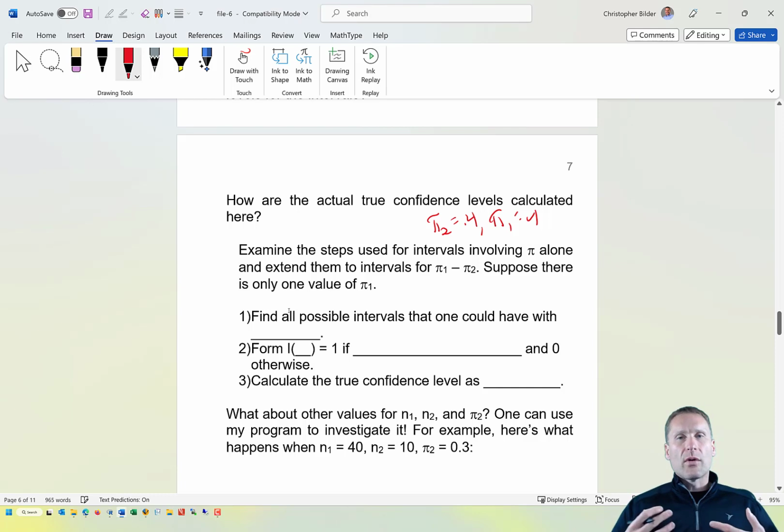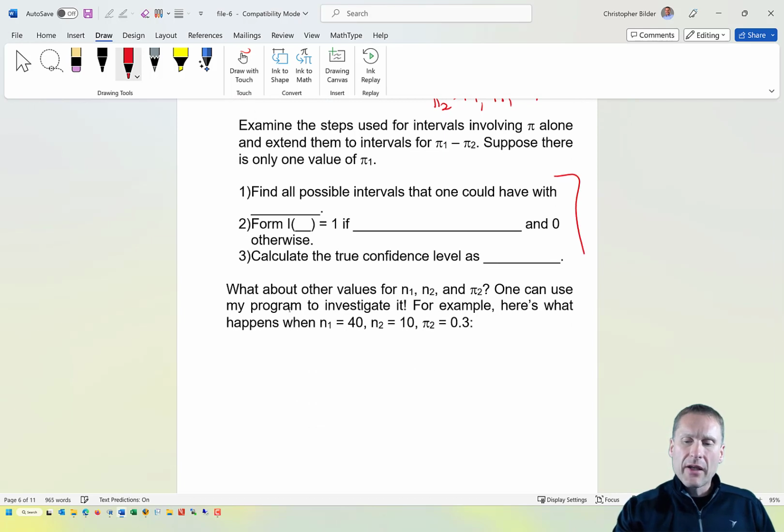And let's now relate what we saw before for a Wald confidence interval for pi alone, how we found the true confidence level, to the Wald interval for pi1 minus pi2. What I did here was copy and paste some descriptions from earlier in my set of notes, and I left some blanks so that we can see how what we've done before can now be modified for what we want to do here.